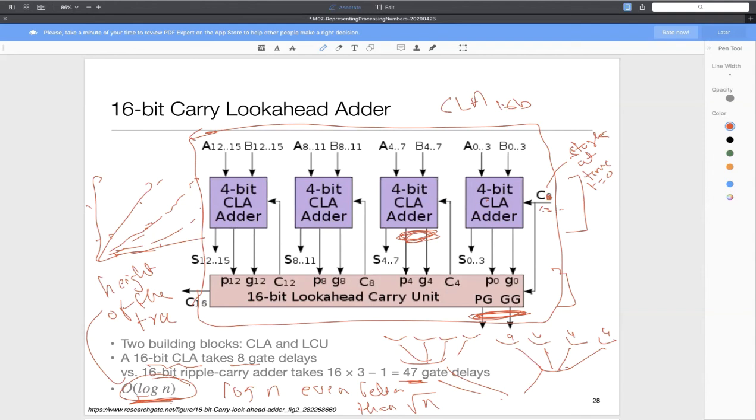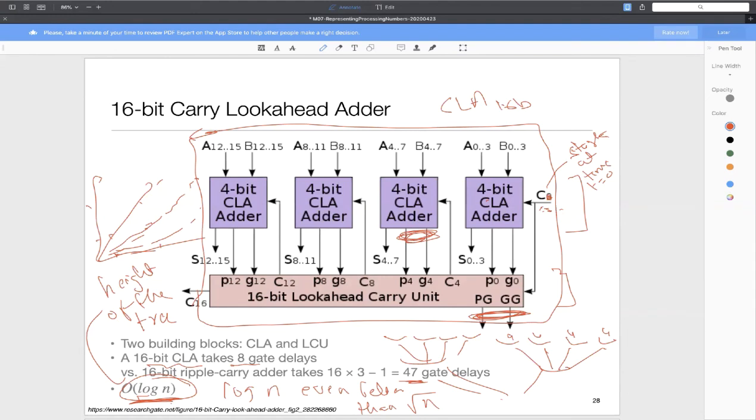Group generate says this group generates a carry. It doesn't matter what's coming in, it generates a carry. And group propagate says that this group will output a carry of 1 if a carry in were to come. At every stage we do the same thing. So it gives a modular way of designing an adder, but in this tree-like manner.